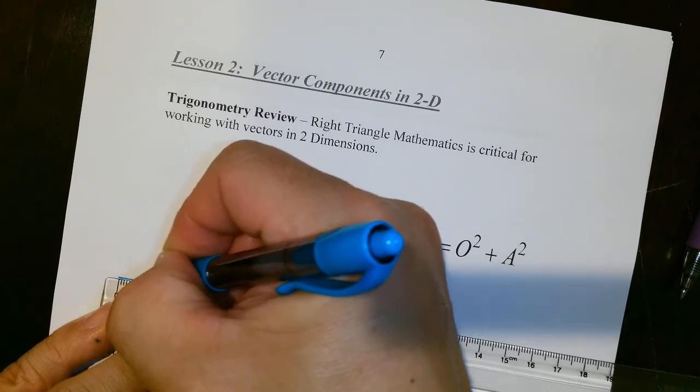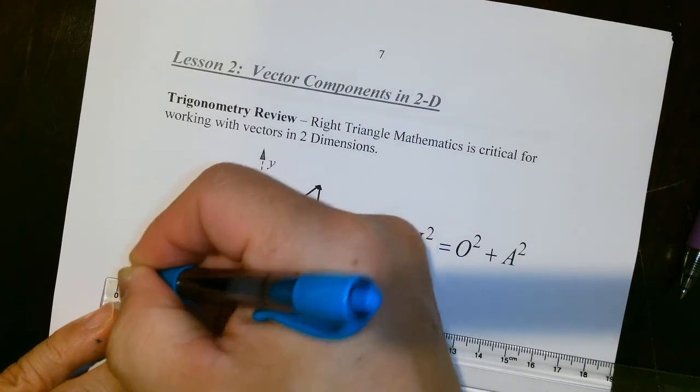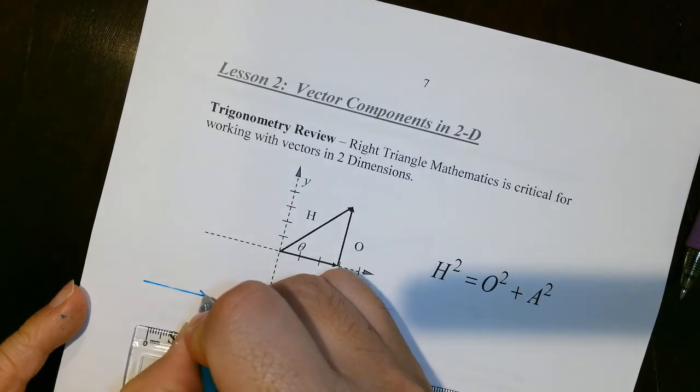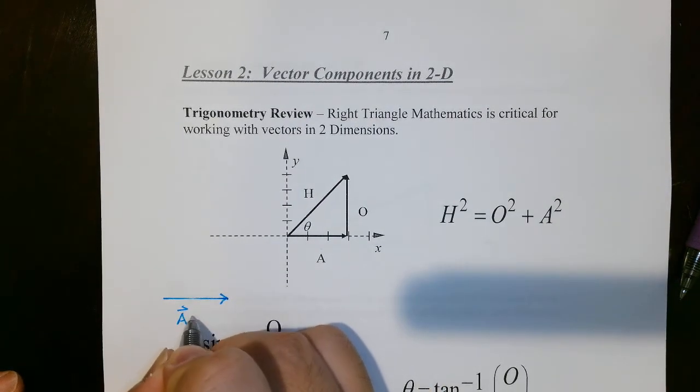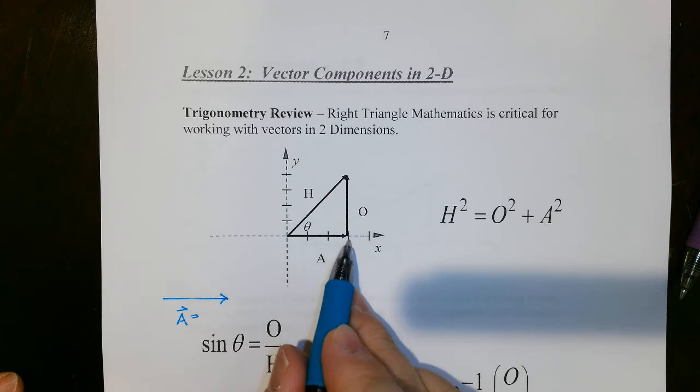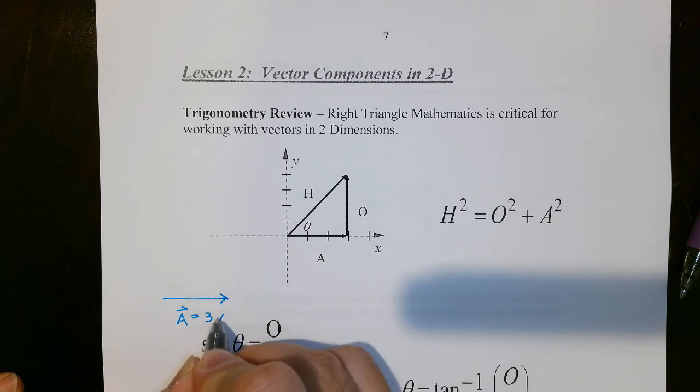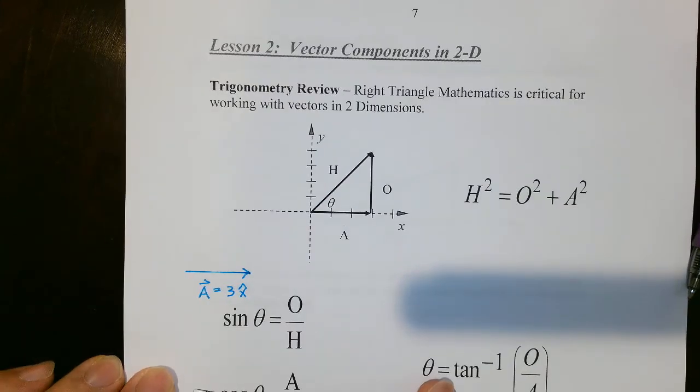So here's my vector A, which is 3 units in the positive x direction.